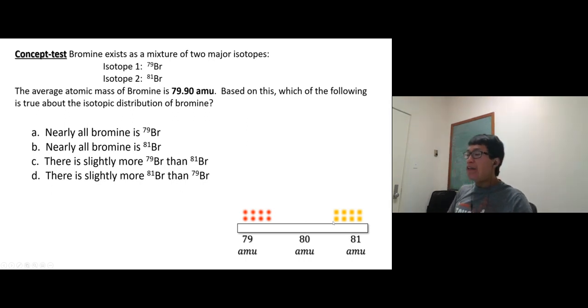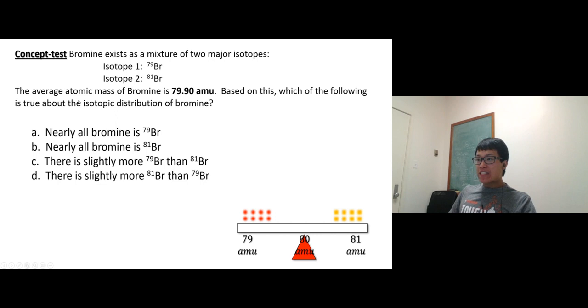If in nature they exist in the exact same amount, 50% 79 and 50% 81, the average atomic mass of bromine is going to be right in the middle, the 80. Does it make sense to you? All right.